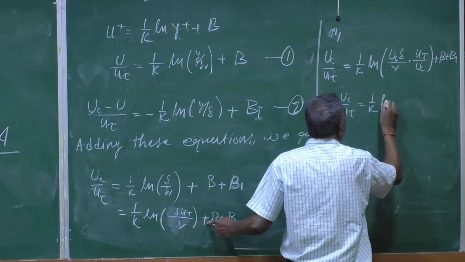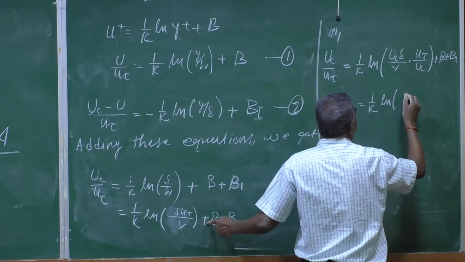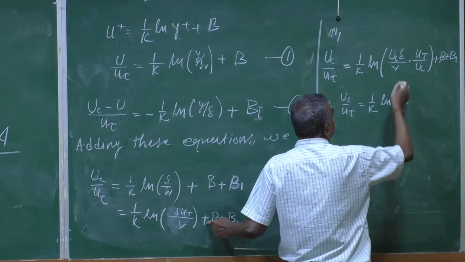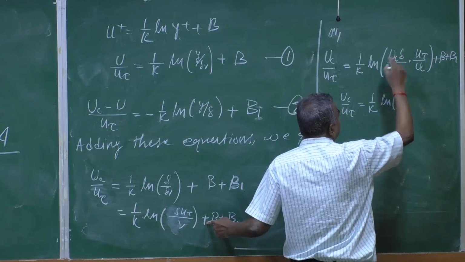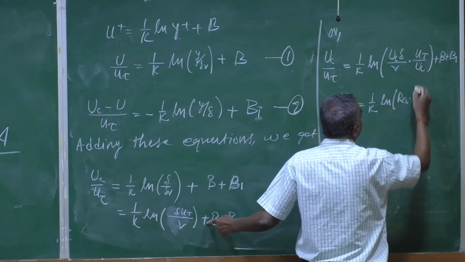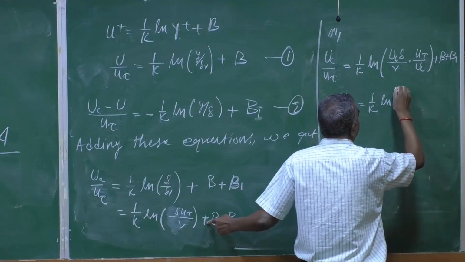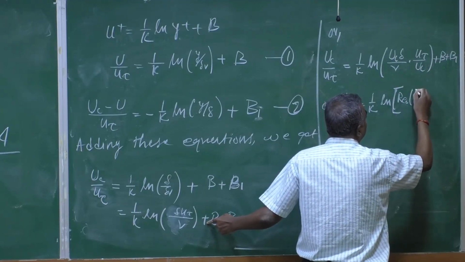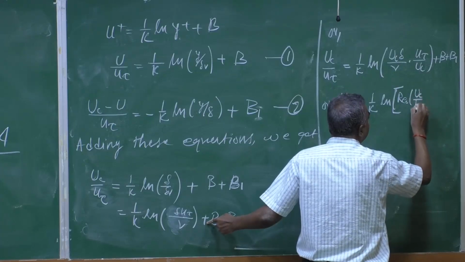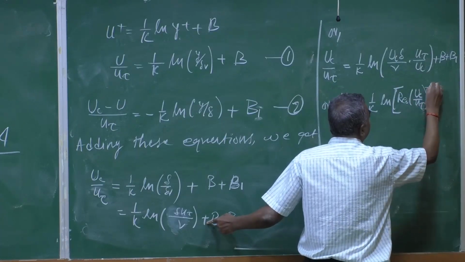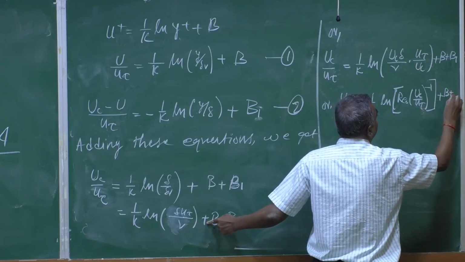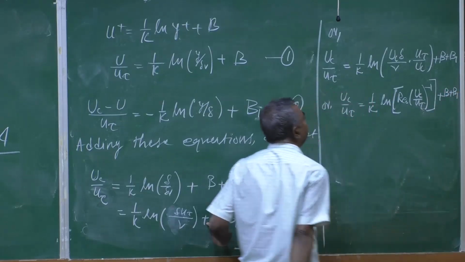This equation can be written as u_c by u_tau equals Re_c, the Reynolds number based on the half channel height and centre line velocity, into this particular quantity, which can be written as u_c by u_tau minus 1, plus B plus B1.